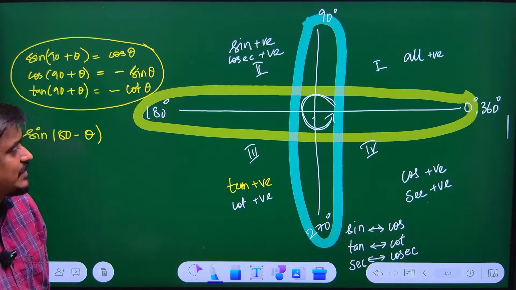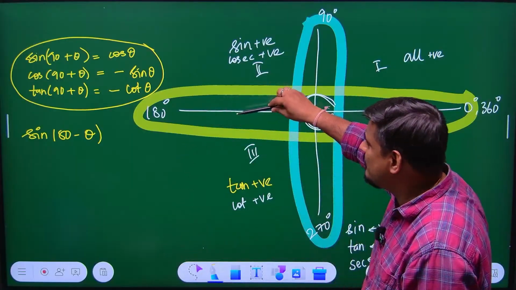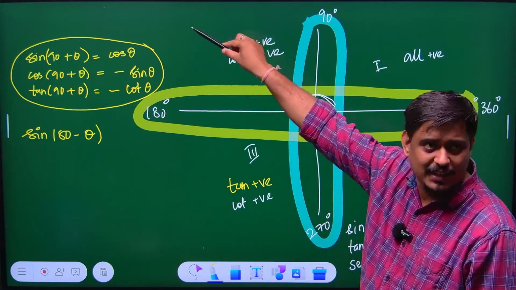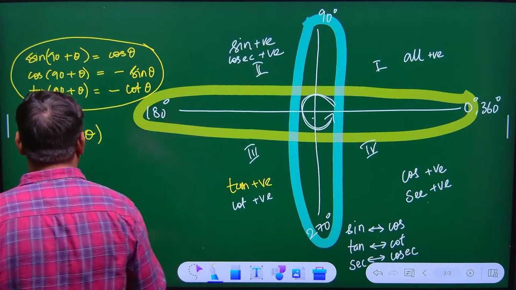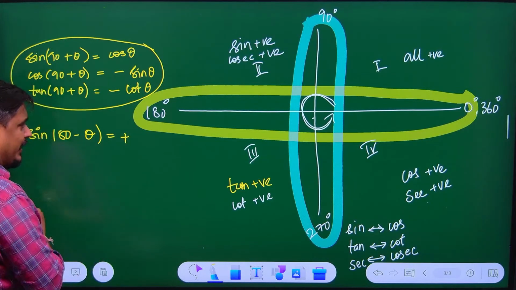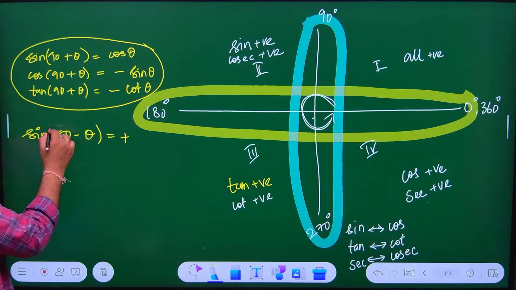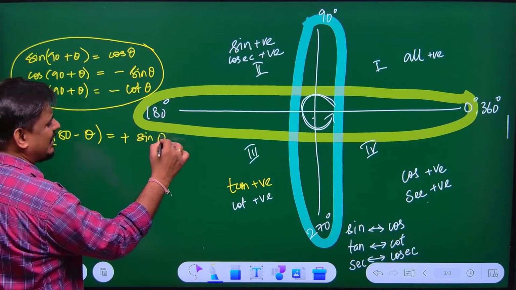Which quadrant is it? Second, sir. Second, obviously. 180 minus theta means somewhere here, right? Second quadrant. Good. Now, in second quadrant, sine is positive or negative? Positive, sir. So the answer is going to be plus. Now this is the 180 line, sine remains sine, isn't it? Yes, sir. So the answer is plus sine theta. That's all.